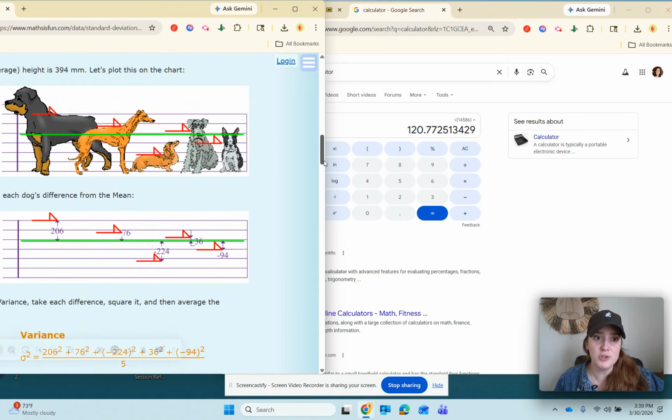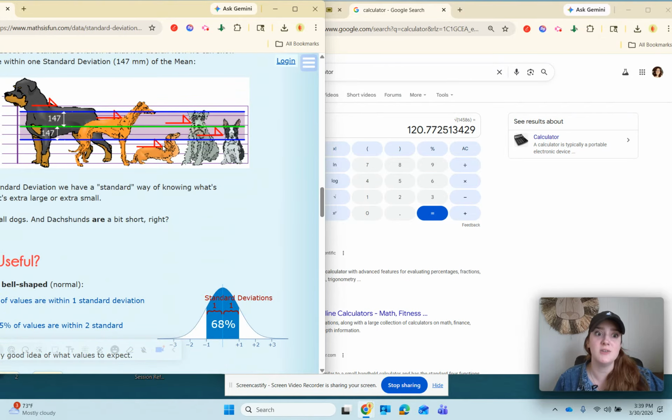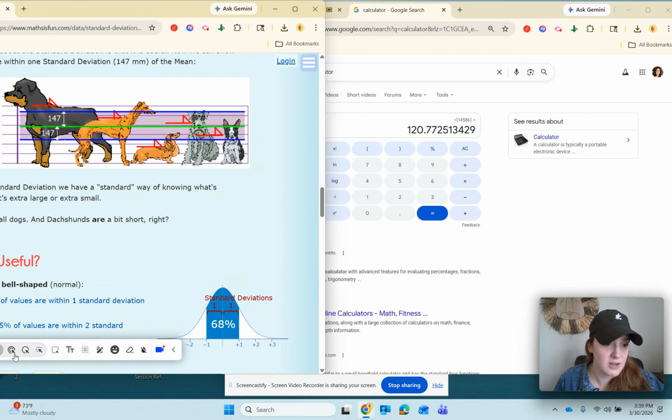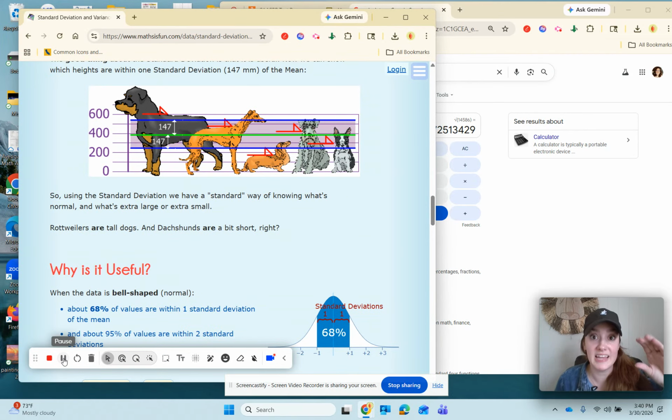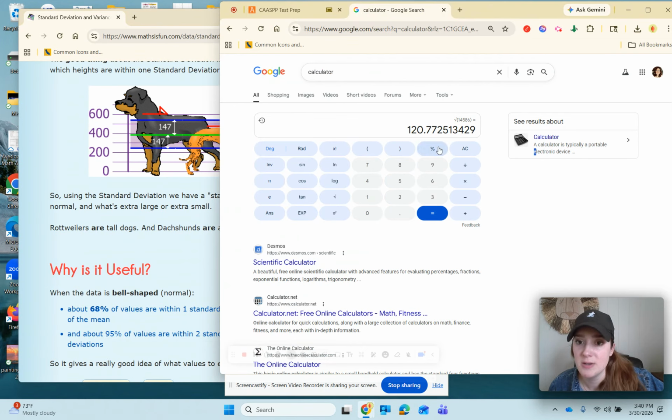So what that would show on our graph here is if we removed the corgi, this distance would be less.